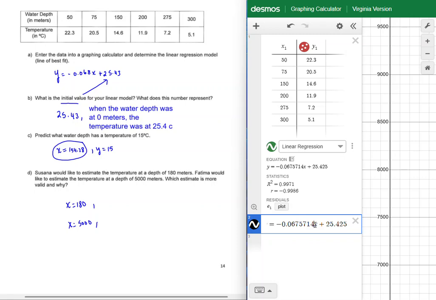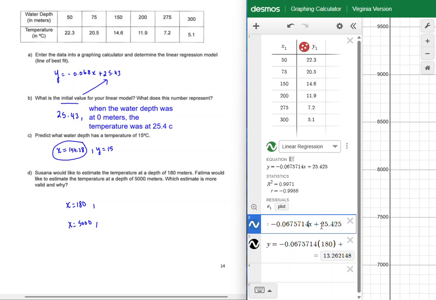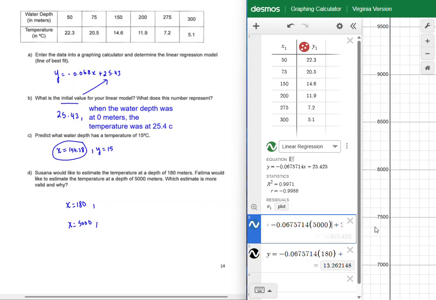Susanna is at 180, and then let me do another equation. Fatima is at 5,000. I'm going to make sure to take off the x. So for 180, my temperature is 13 degrees. And for 5,000, the temperature is negative 312.